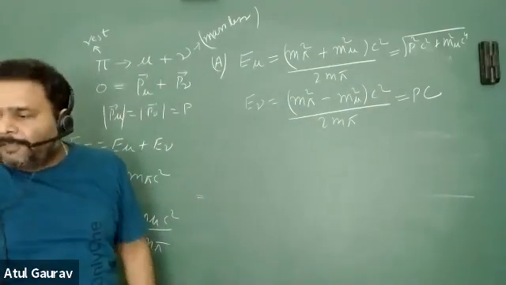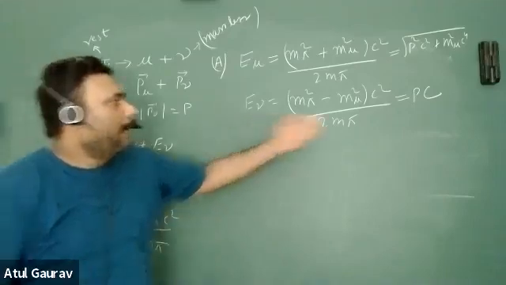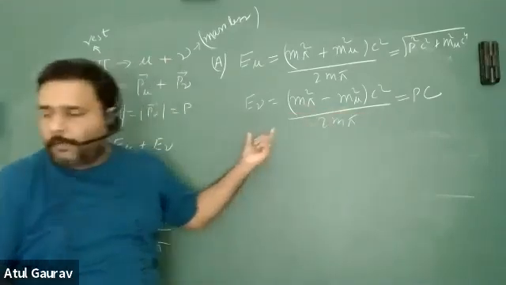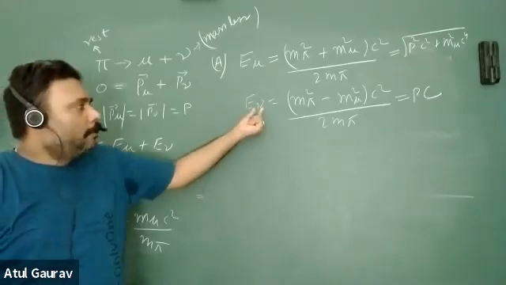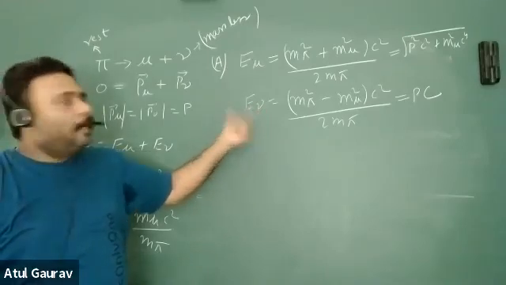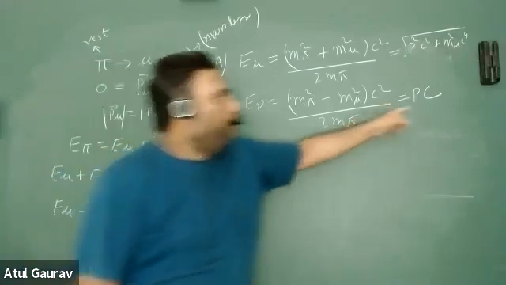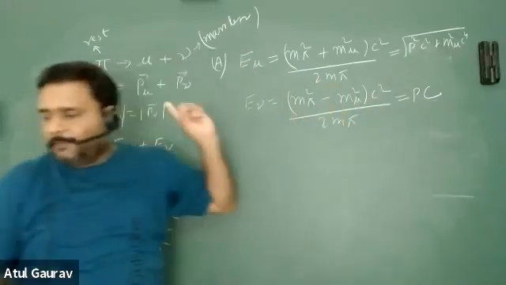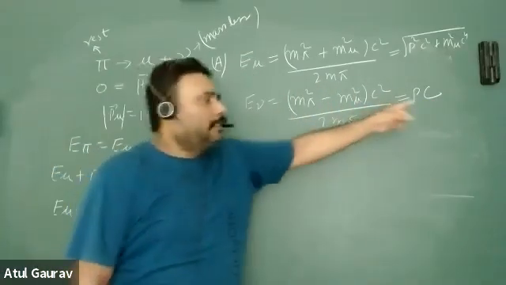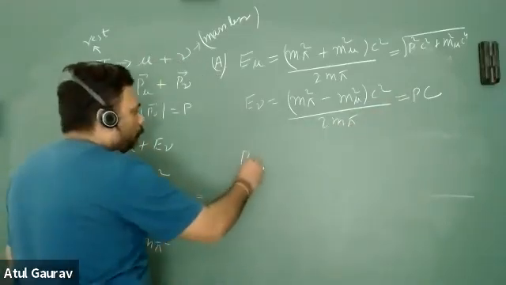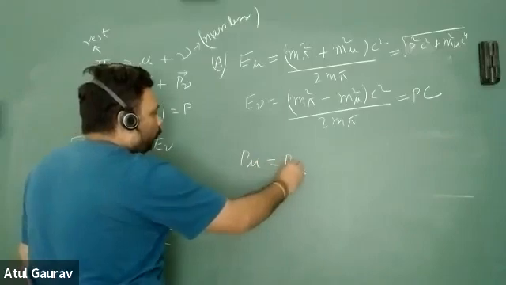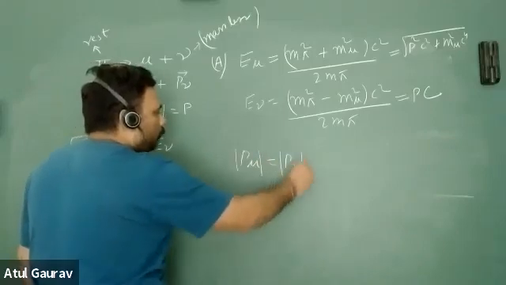So obviously as an intelligent person I must go for this, because we know this is massless, and if the neutrino is massless, then what will the energy be? The energy will be p into c. As we have seen, it will act just like a photon. So what will the momentum be? The momentum of the muon must equal the momentum of the neutrino.